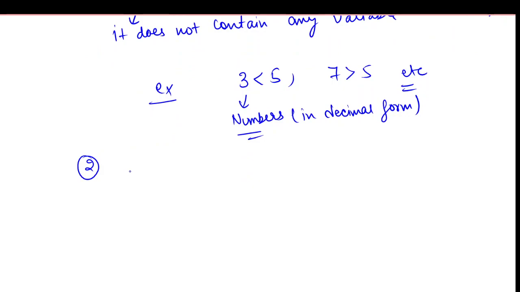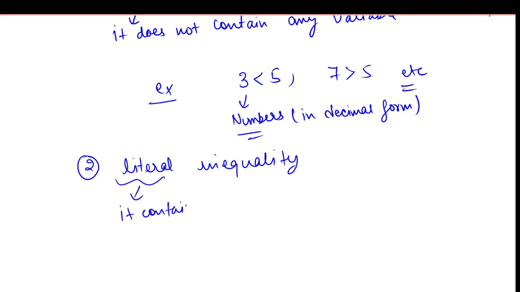Second is literal inequality. Literal means it contains a variable such as x, y, a, b, c.